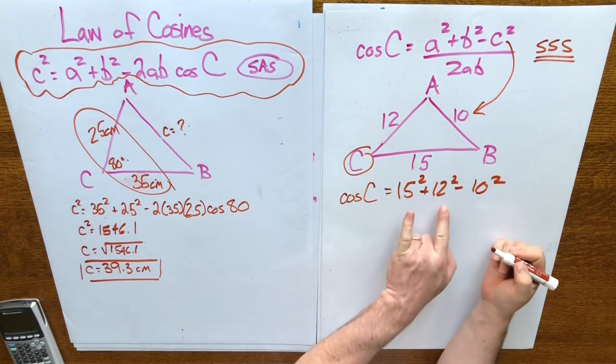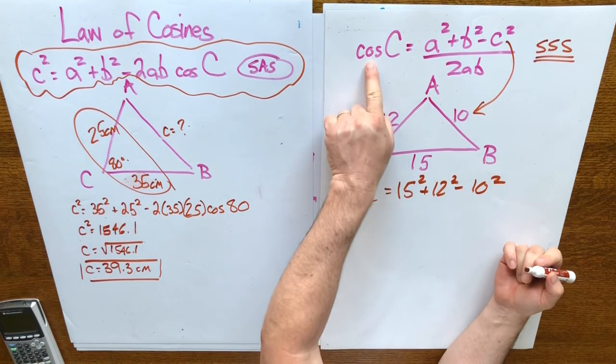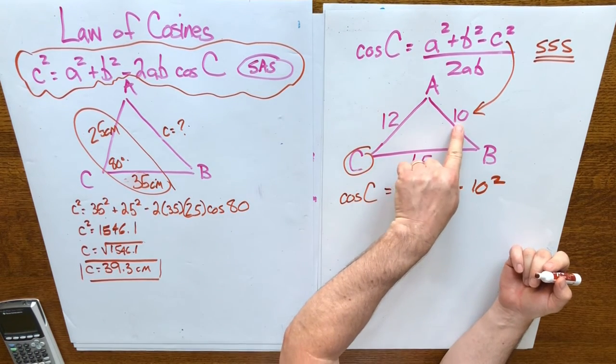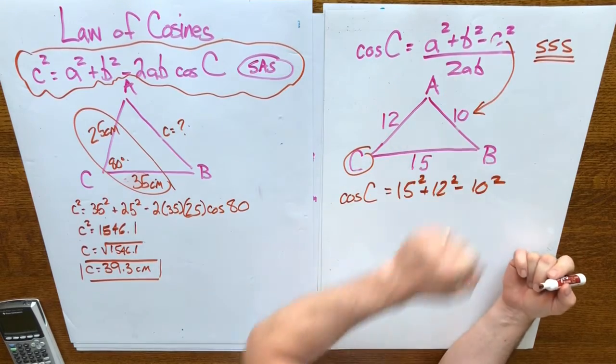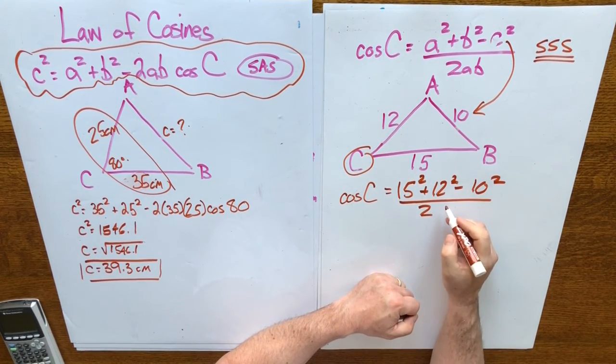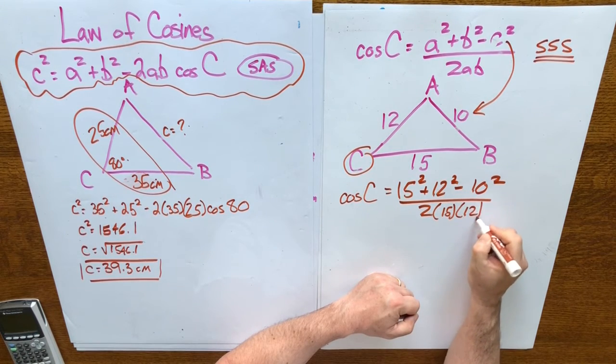The main thing is that this 10 squared goes at the end. If you're finding the cosine of C, this angle, you have to be subtracting the opposite side, divided by 2 times 15 times 12.